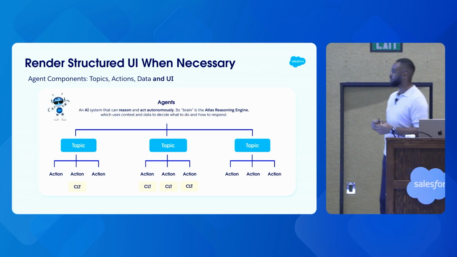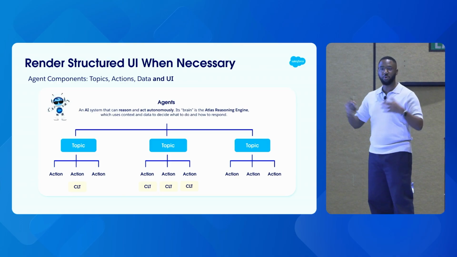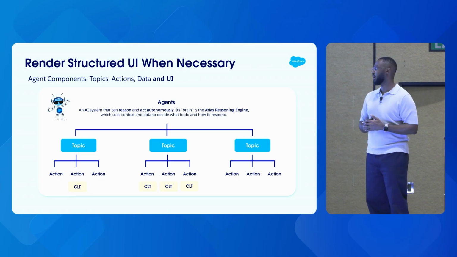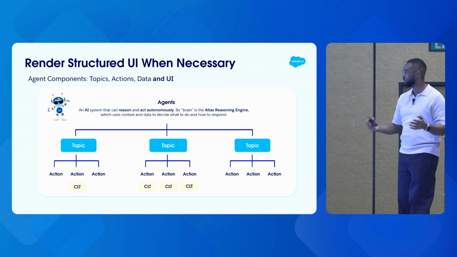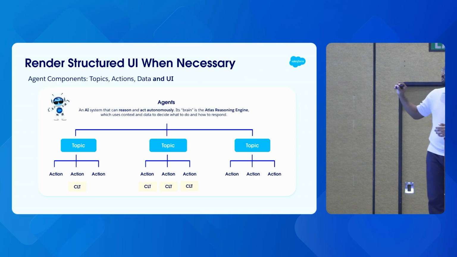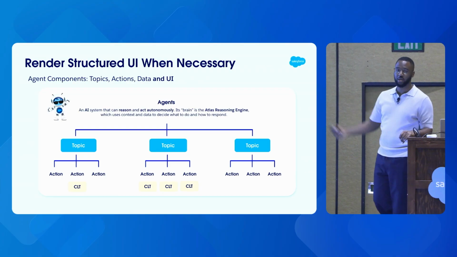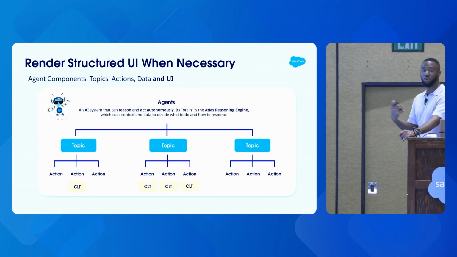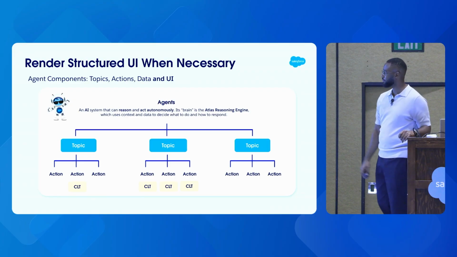Within those topics, you have actions, which are going to be automations like invocable Apex methods, prompt templates. And then, for each one of those actions, you're going to have a CLT, a custom lightning type. That's a component that can render the information that comes out of that action, or render a form to collect information to run that action, okay?